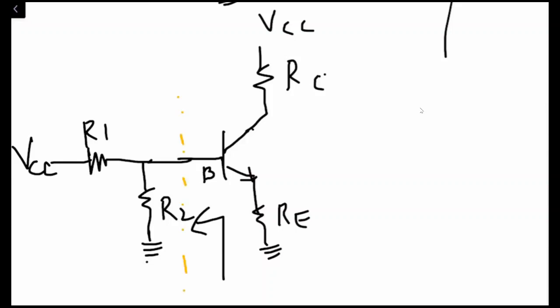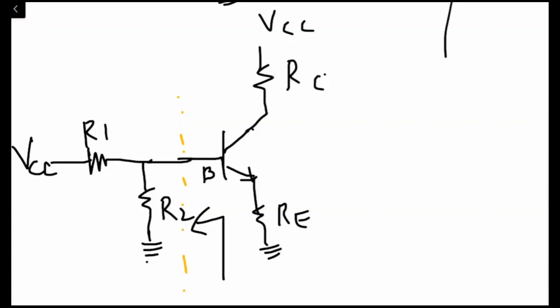When looking from this side, what is going to be the equivalent circuit which we can have from this combination of R1, R2 and VCC, right? So when looking from this side, we can make the Thevenin equivalent of this circuit.